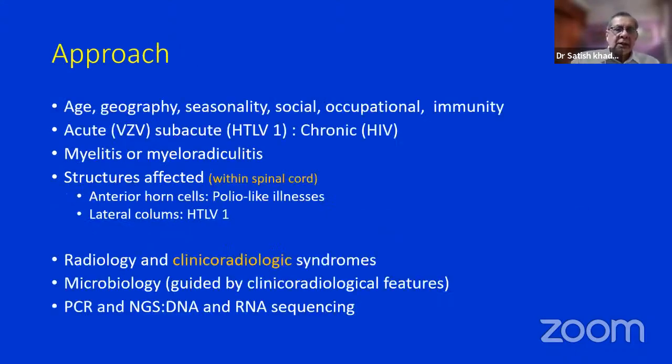The chapter is very large and there are so many entities covered, so I will only take some of the parts that are relevant. When we approach a spinal cord dysfunction and we suspect infection, factors like age, geography, seasonality, travel, social, occupational, and immune status are extraordinarily important because they help us reduce our spectrum of differential diagnosis, as is the clinical feature like acute, subacute, and chronic.